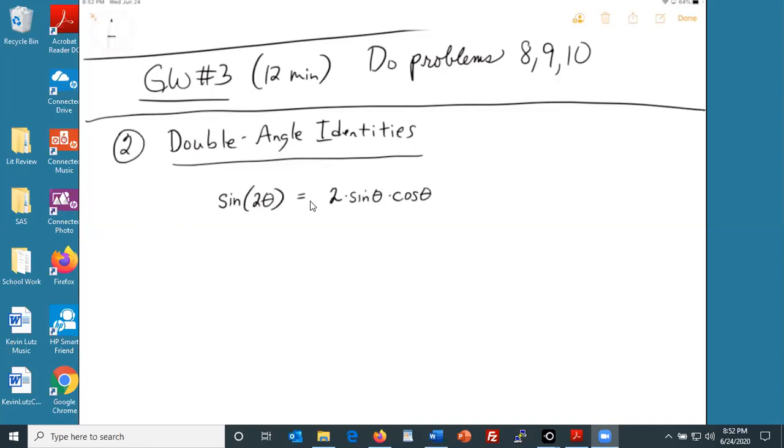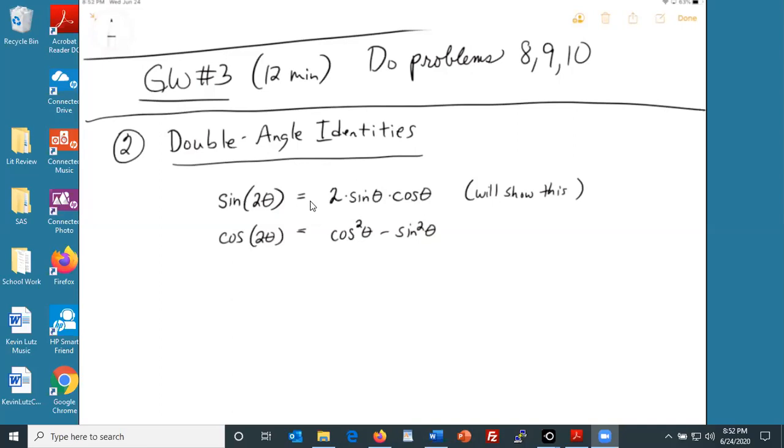So here's the first one. Then I'm going to show you the rest of these, and I'll prove them once I give you the list. Now here is the next one. This one is very interesting because it has 3 possibilities. The cosine of 2 theta could be cosine squared theta minus sine squared theta. That's not 1.